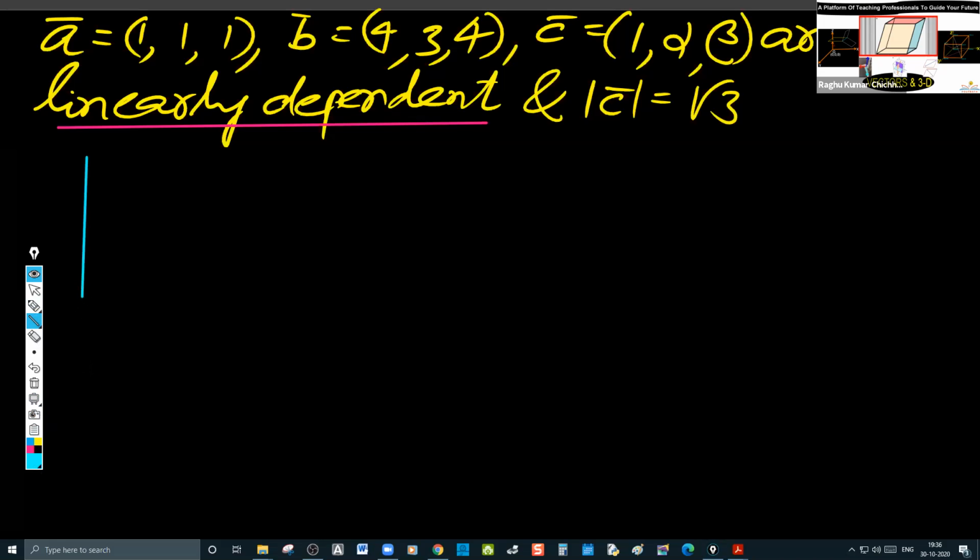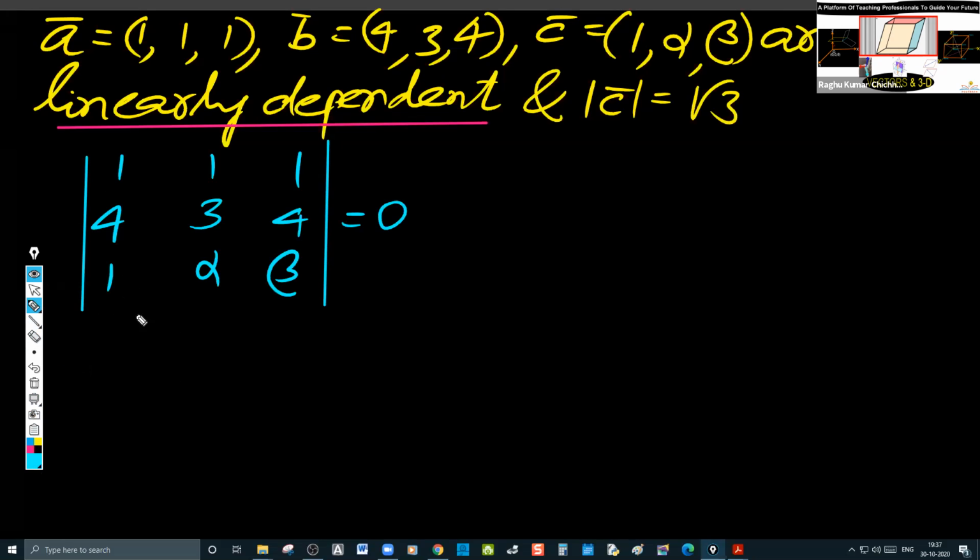Let me write: because they are linearly dependent, the determinant must be 0. Tell me the determinant elements here: 1, 1, 1, 4, 3, 4, and here 1, alpha, beta. Must be 0.